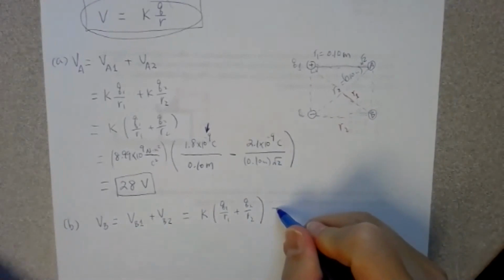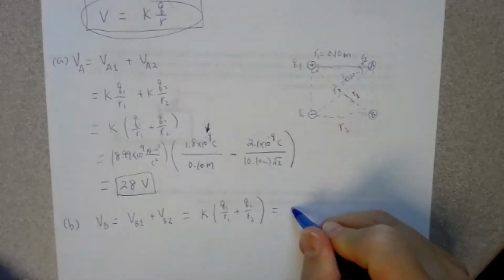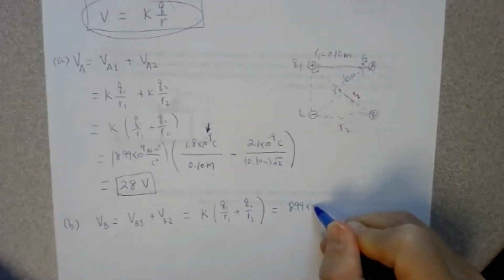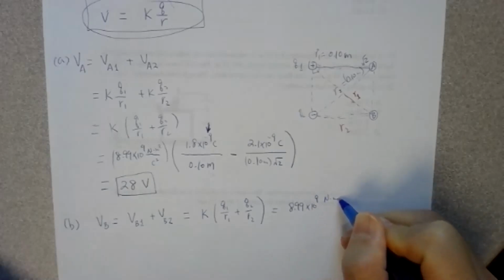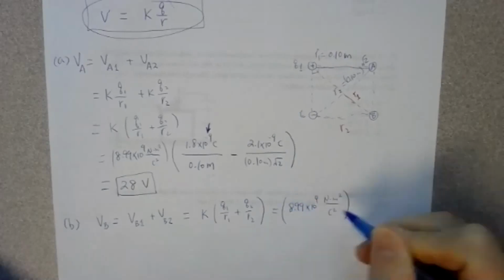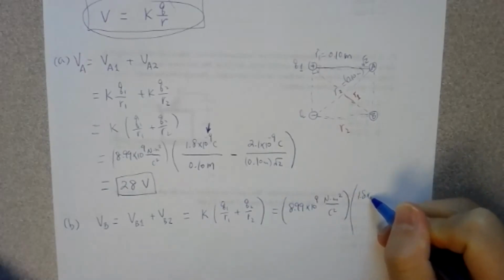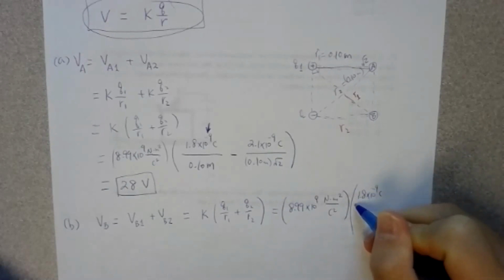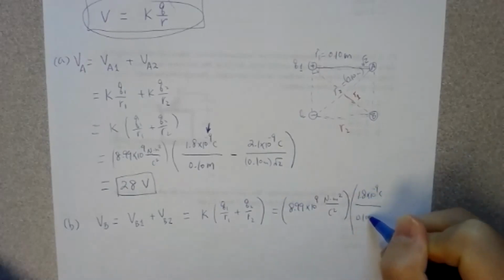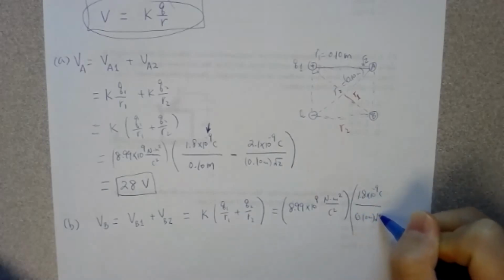Then you plug in the numbers: 8.99 times 10 to the 9th newton meters squared over coulomb squared, times 1.8 times 10 to the minus 9 coulombs over 0.10 meters times the square root of 2.